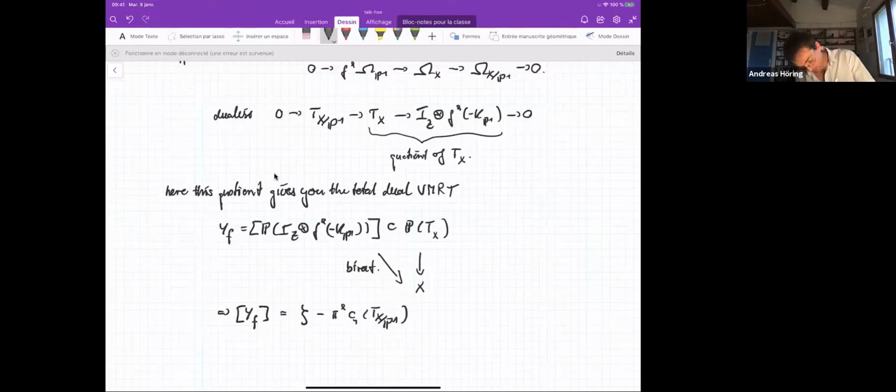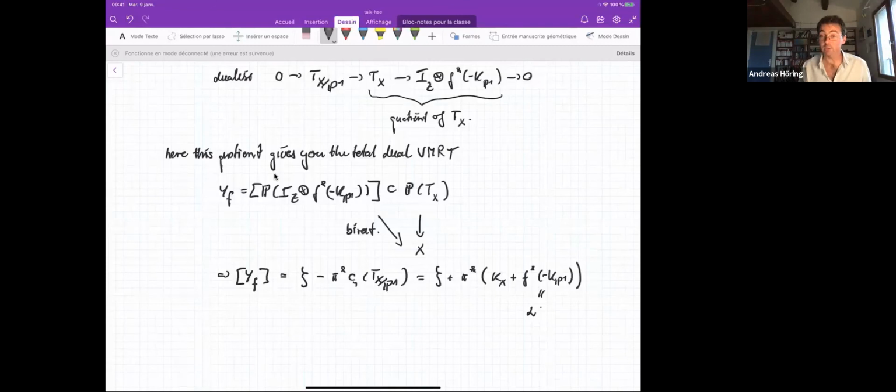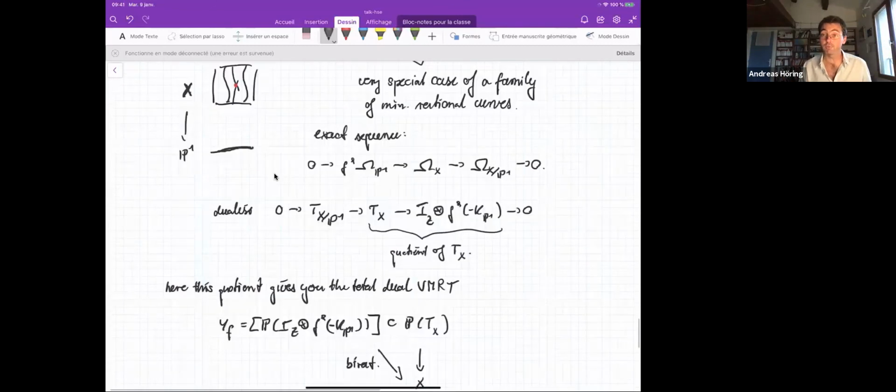So let me write this more explicitly. This is zeta plus pi star of K_X plus f star of minus K_P1. And now you see this is two times a fiber of your fibration, because the anticanonical of P1 is O(2).